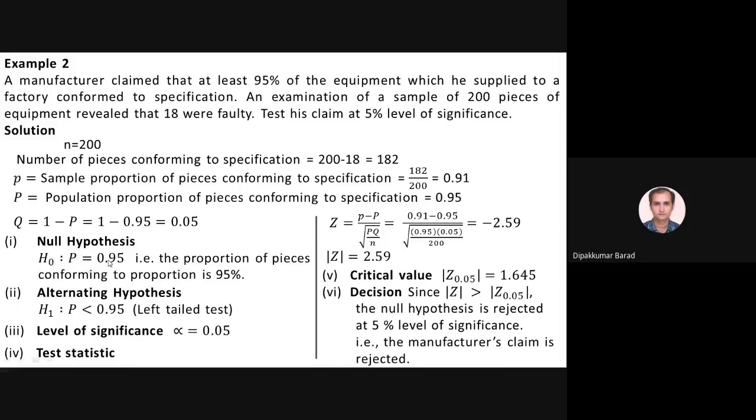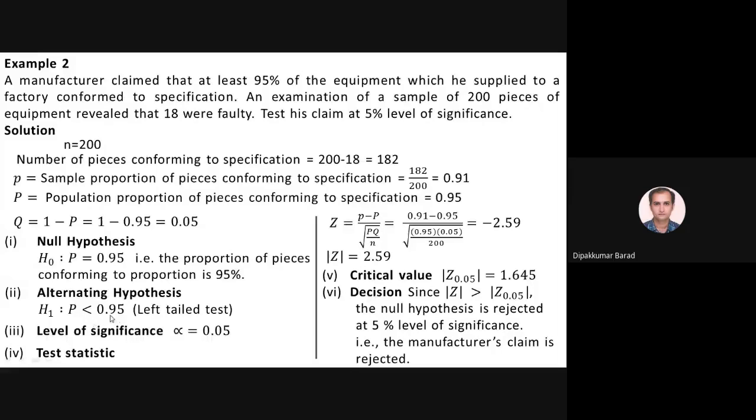It means if the null hypothesis is rejected, then the alternative hypothesis is accepted. And when the null hypothesis is rejected, if this proportion is less than 0.95, then whatever the manufacturer claims, 95%, if we get less than 95%, we can say that the manufacturer's claim is rejected. That's why we have set the alternative hypothesis P less than 0.95.